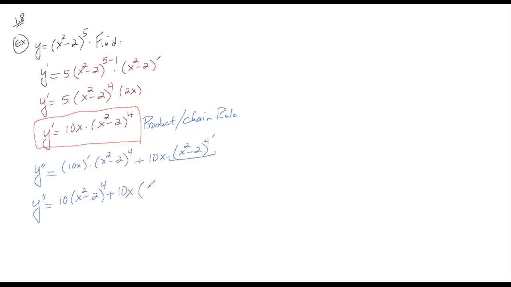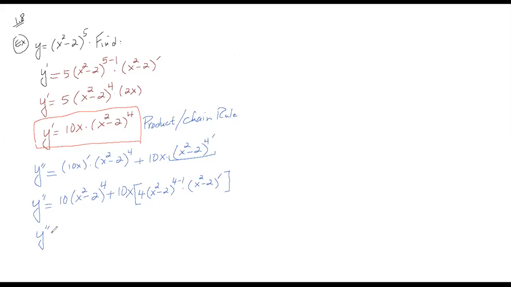So can you tell me what this chain rule is, please? You tell me so I can write it, folks. 4x squared minus 2 to the 3rd power times 2x. Very good. But I'm just going to write down the breakdown and then we'll do the results.